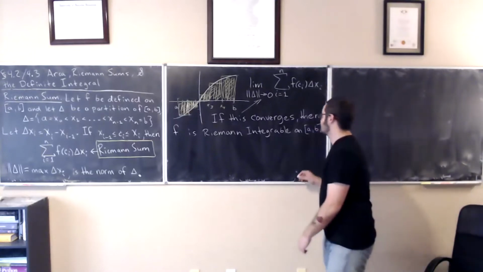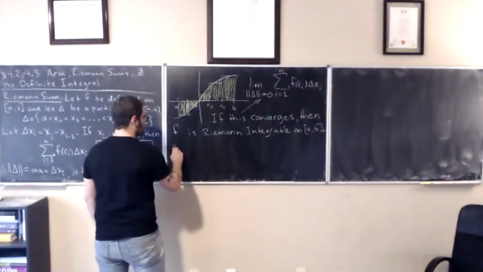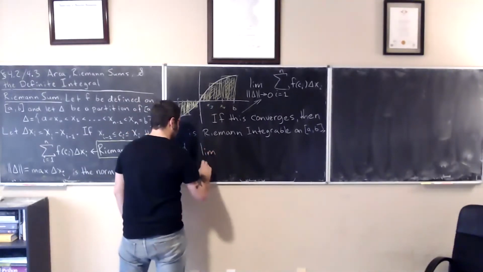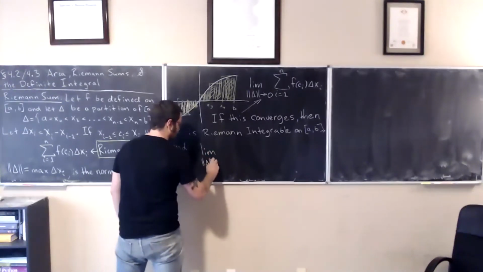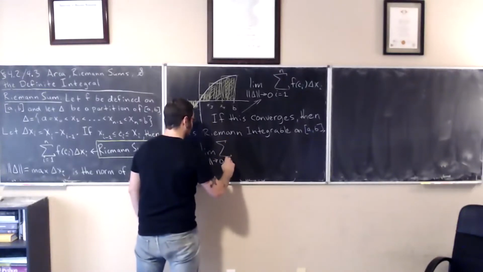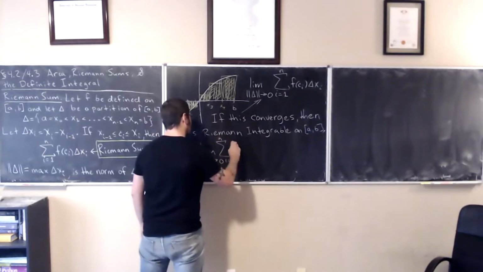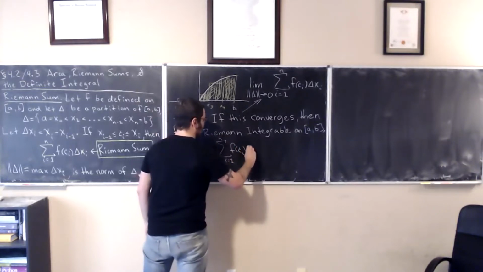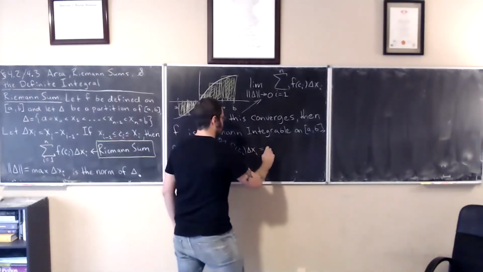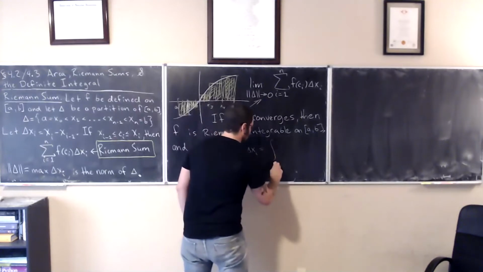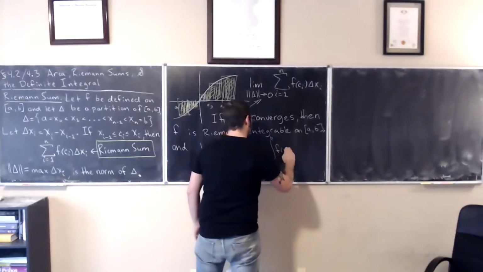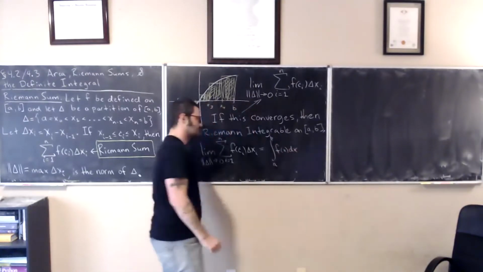We're going to introduce the notation that that limit, as the lengths of the partitions go to 0, of the sum from i equals 1 to n of f(c_i) times the width of the rectangle, is equal to this notation: the integral from a to b of f(x) dx.